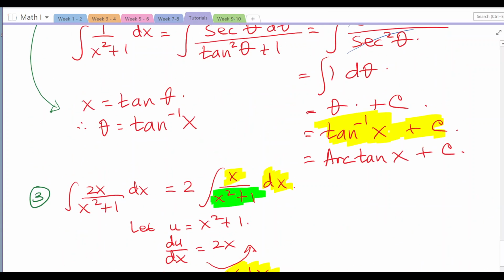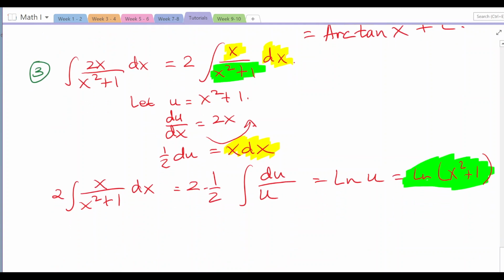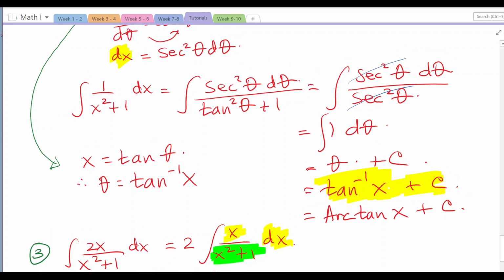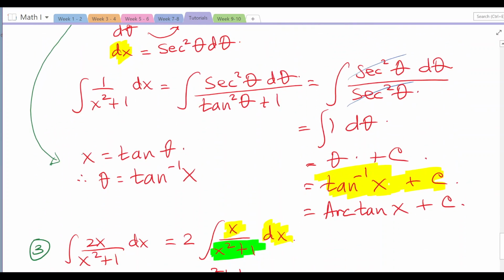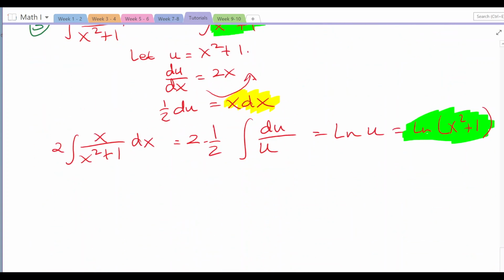So overall, the whole thing will be, just combining number 1, number 2, and number 3. Number 1, if you remember, the original problem was: therefore the integral of 2x cubed minus 1 all over x square plus 1 dx equals, number 1 was x square, and then the next term is inverse tan.